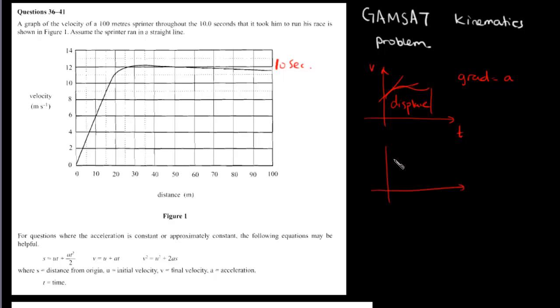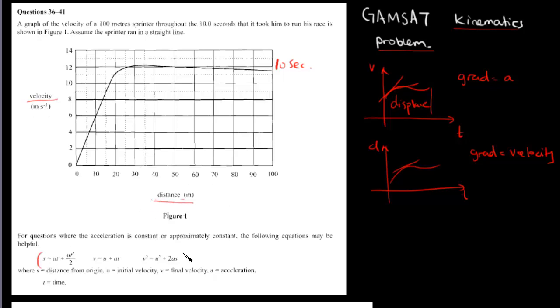And in a displacement versus time graph, the gradient gives you the velocity. Those are the usual kinematics graphs you would get in a normal problem, but this is quite unusual. So you have velocity versus distance.